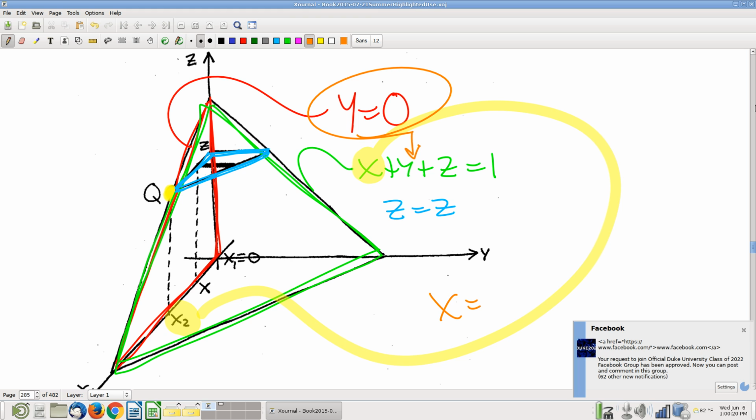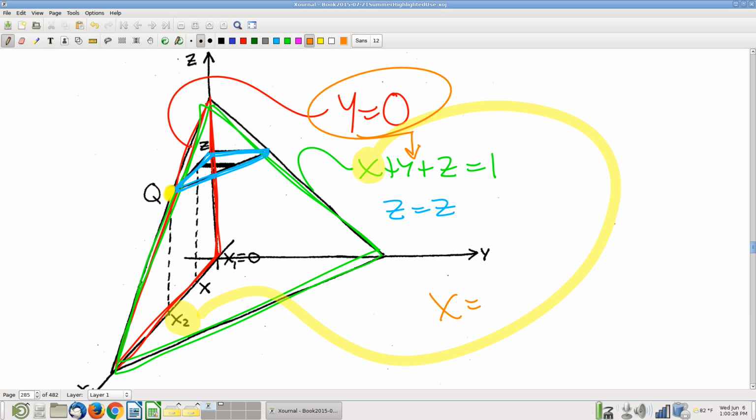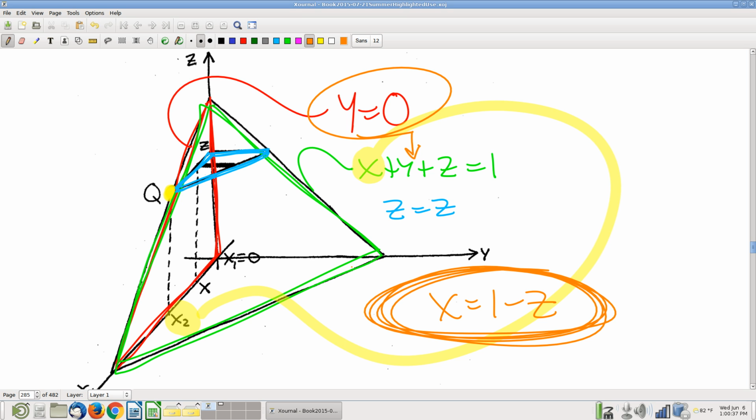Y is 0, so x is 1 minus z. Don't need to solve for z. Z is fixed. Or said differently, I want to know how x is a function of z. So there you go. Everybody on board?